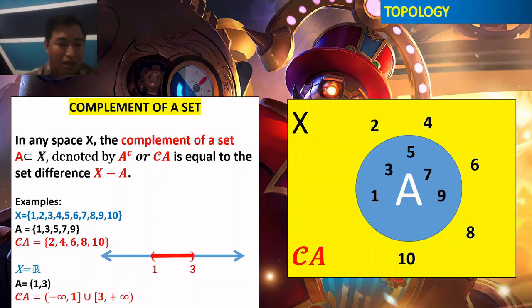Now, if we have another example, if X is the set of real numbers, so this is infinite. If we have A, which is equal to the interval (1, 3), okay, so you can see there in the figure, I made it red. So, akong gi-red class, (1, 3). So, the complement of A class is kanang blue nga part.